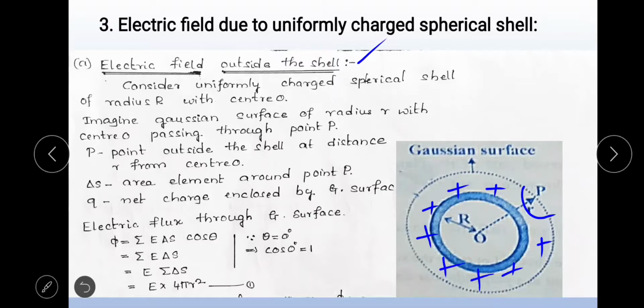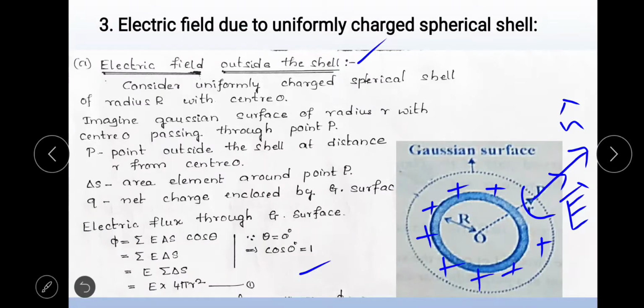Now theta is equal to 0 degree and cos 0 degree equals 1, because in this diagram the unit vector is drawn in this direction. Yes, the unit vector is normal to the area element, and in the same direction the electric field is acting.